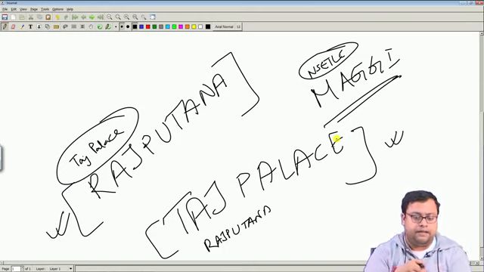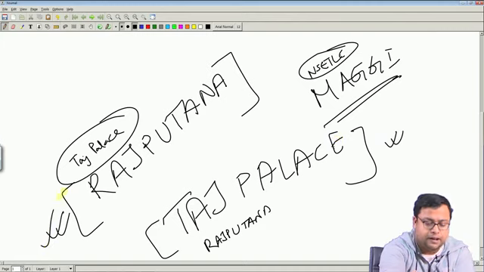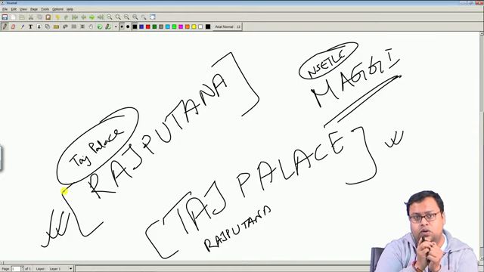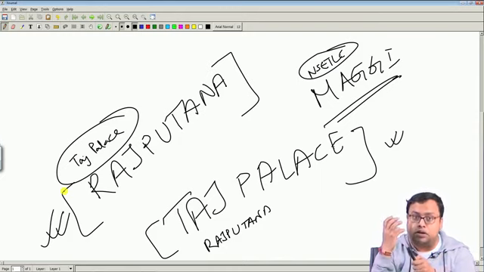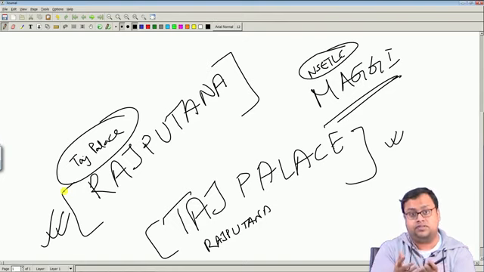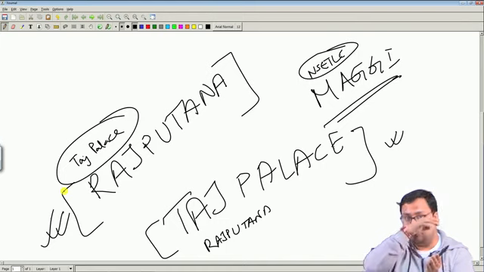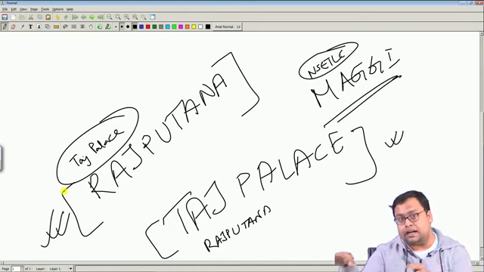On the other hand, if I focus on Taj Palace Rajputana, where Rajputana is big and Taj Palace is small, I will actually expect Rajput-oriented history. The expectation will no longer be the services or the similar kind of stuff that I got in some other Taj Palace.